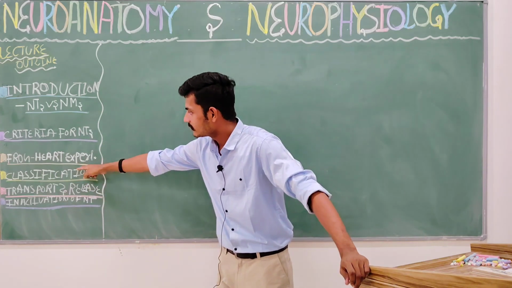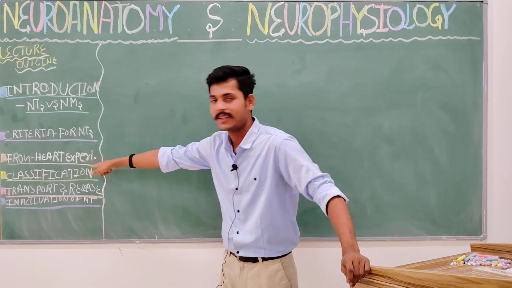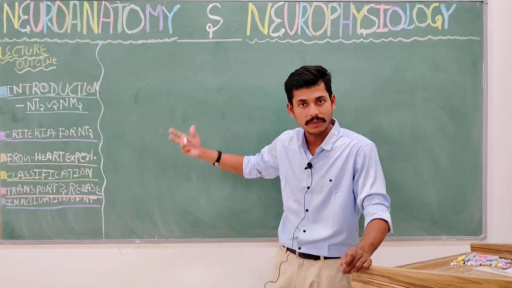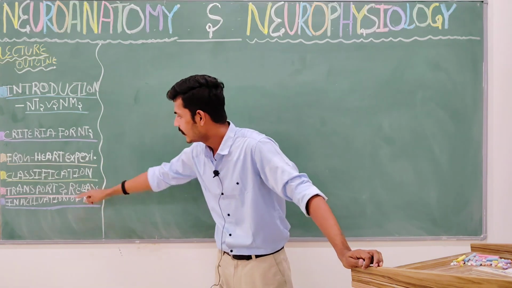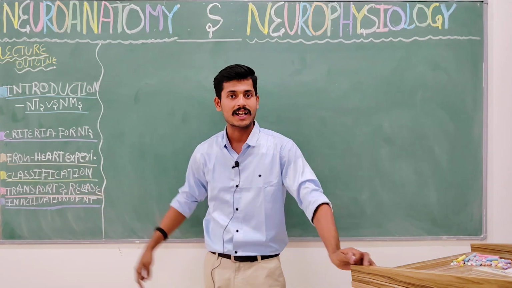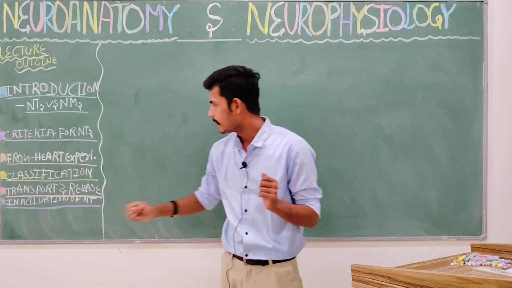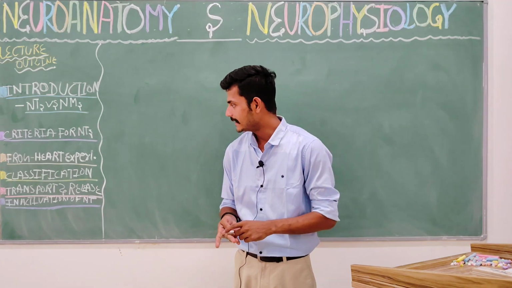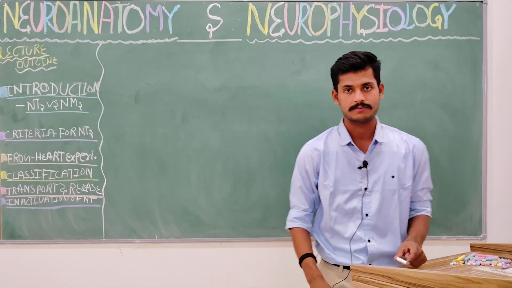Then we will see the amazing frog heart experiment, by which neurotransmitters came into medical literature. Then we will see how they are classified, how they are transported and released, and then the inactivation of neurotransmitters.